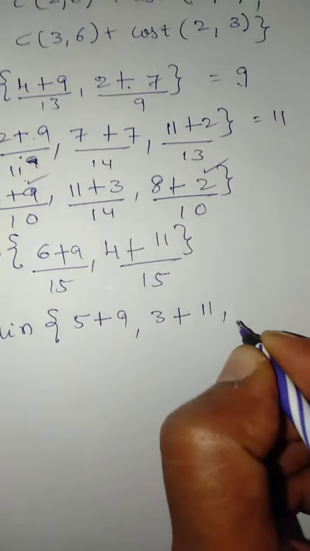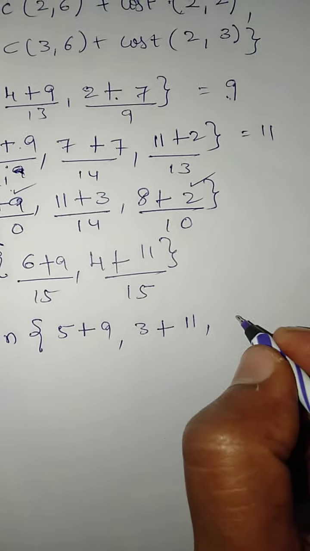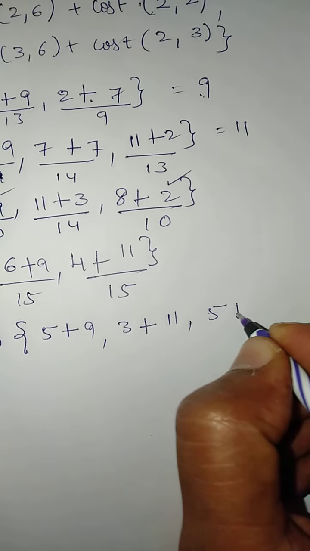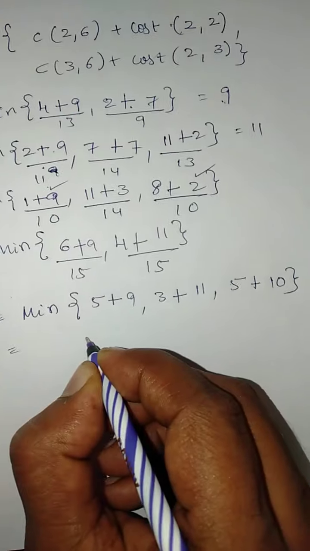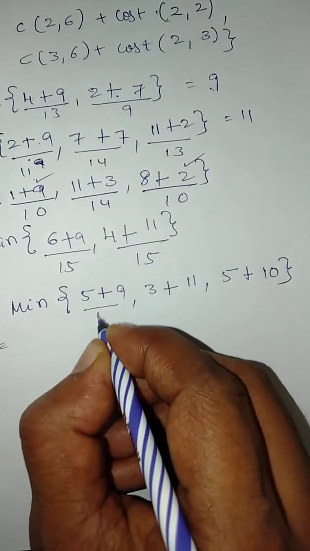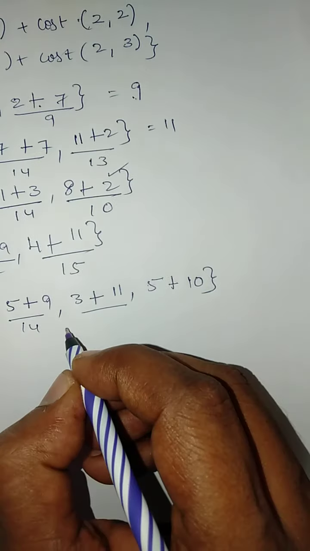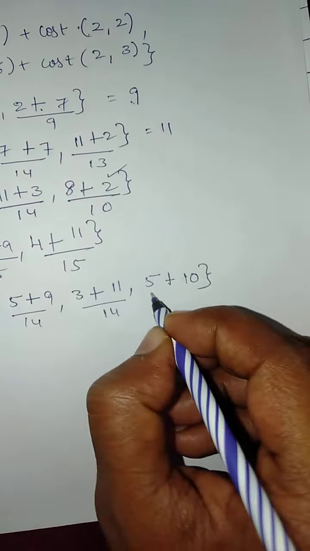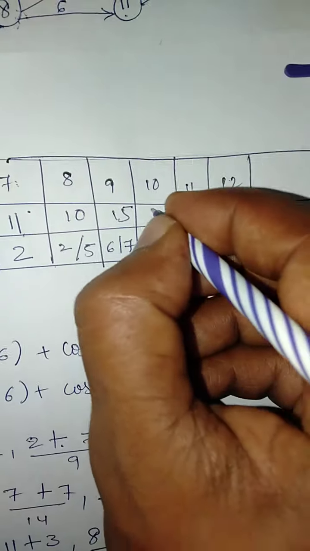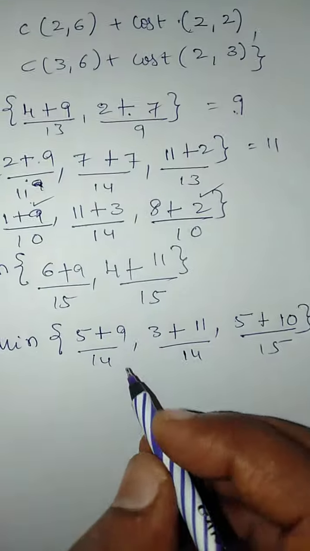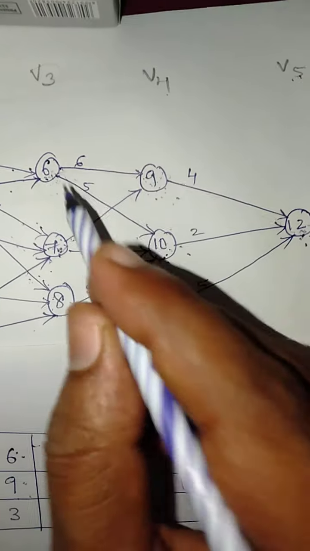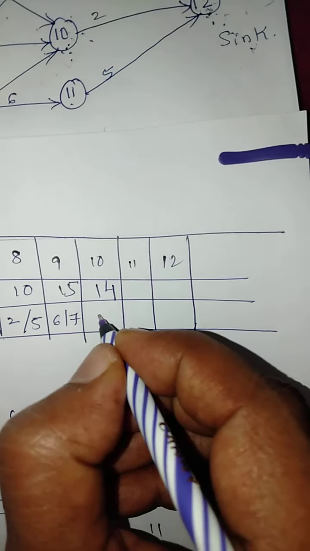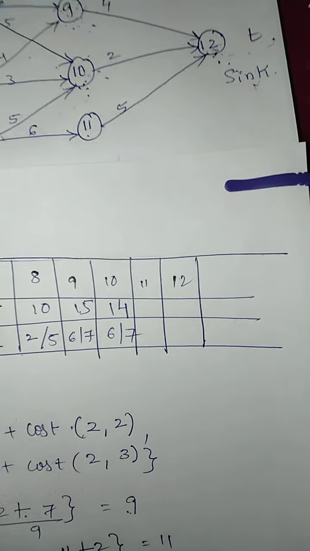Next, cost from 8 to 10 is 5 plus cost for 8 is 10. So it is minimum of 14, 14, 15. So it is 14. And which vertex? Both of these vertices. For 10, both vertices 6 and 7. You can write 6 bar 7.